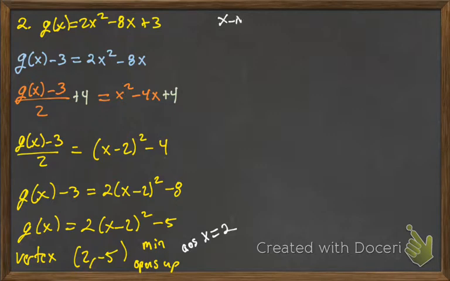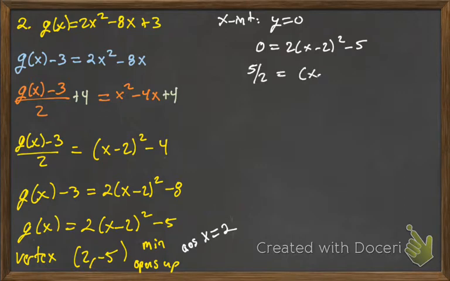Alright, let's go get our x-intercepts, so that means the y is equal to 0. So 0 is equal to 2 times x minus 2 squared minus 5. So we're going to go ahead and isolate the x minus 2. So we're going to add 5 and then divide by 2. And it's going to be equal to x minus 2 squared. Take the square root of both sides and don't forget your plus or minus. And you will also add 2 to both sides to isolate.